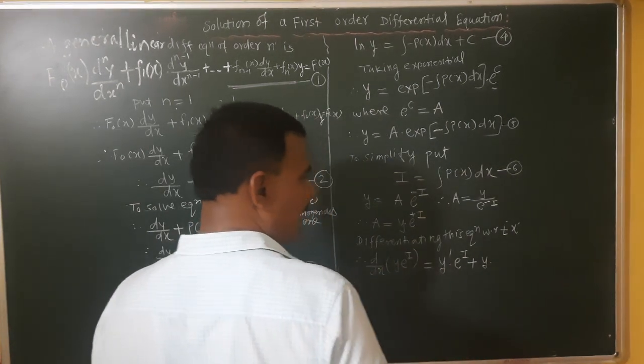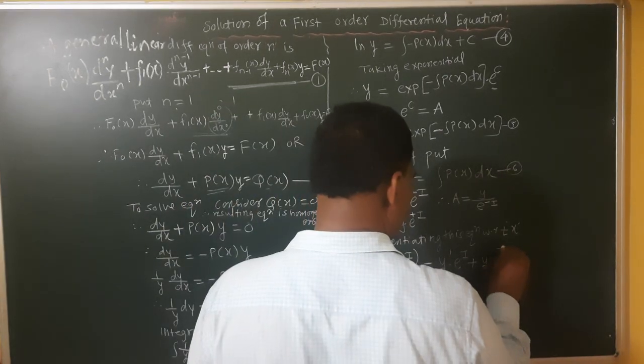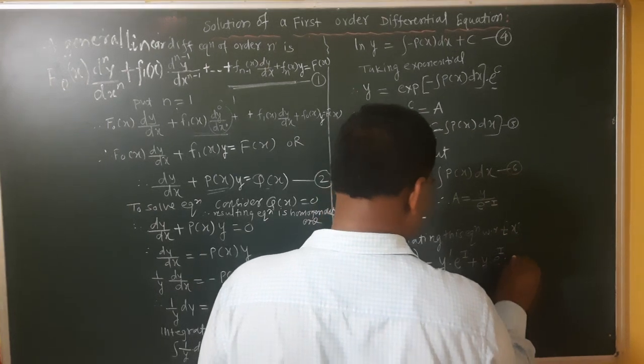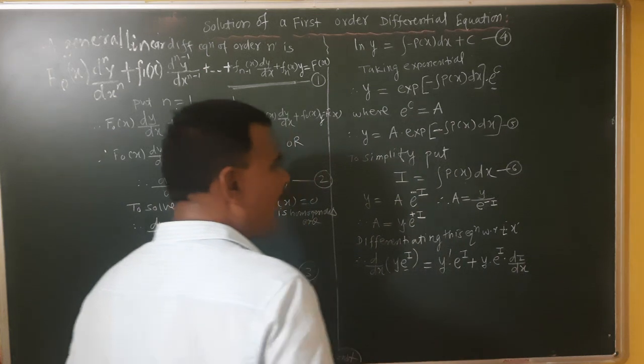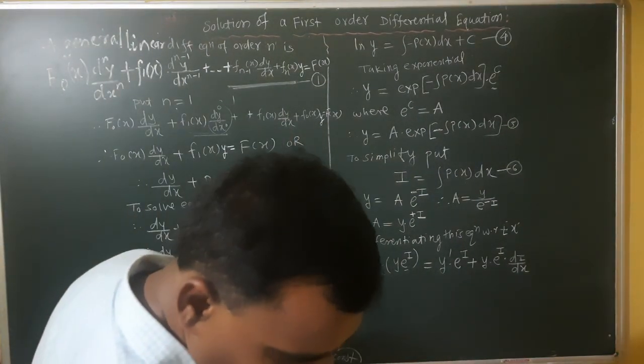What is the derivative of e raised to x? e raised to x into the derivative of x, that is di by dx. This is the differentiation of this equation we have to consider.